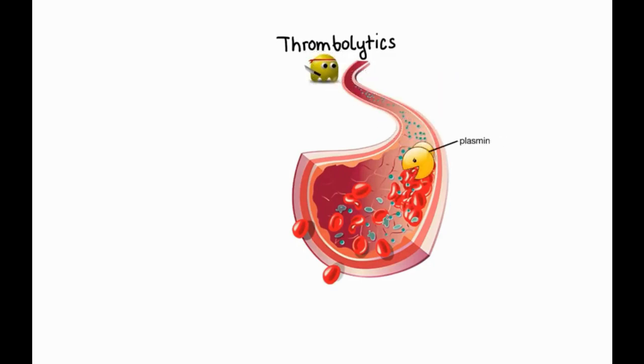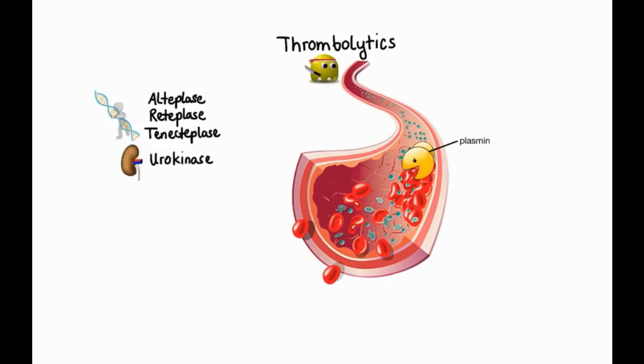Examples of drugs which fall into the category of thrombolytics are alteplase, reteplase, and tenecteplase. These drugs are artificially altered, man-made forms, and we also have the natural form called urokinase, and from the prefix uro you can easily identify that it occurs naturally in the kidney cells.